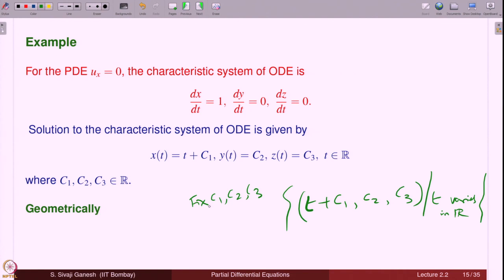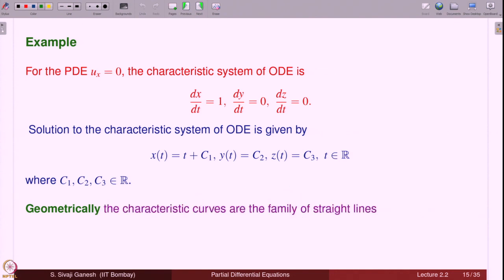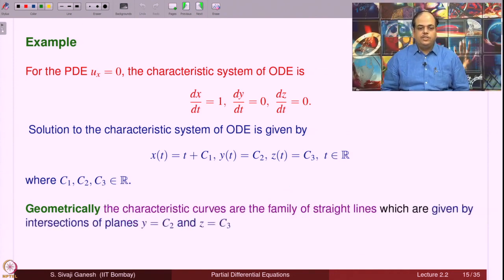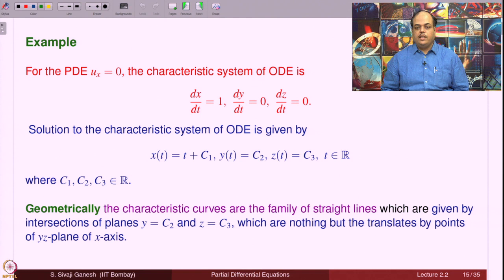Second coordinate, third coordinate are fixed, first coordinate will give you entire R. So, precisely what you get is R cross singleton C1 cross C2 cross C3. Second coordinate is fixed, third coordinate is fixed, first coordinate can be any real number. So, characteristic curves are the family of straight lines which are given by the intersection of the plane y equal to C2 and z equal to C3, which are nothing but the translates by points of the yz plane of the x axis.